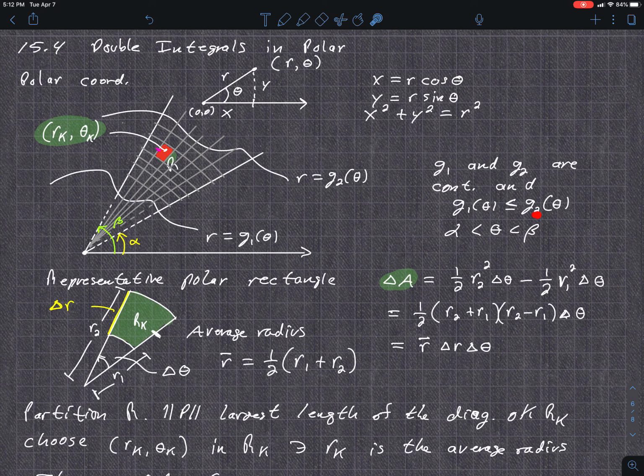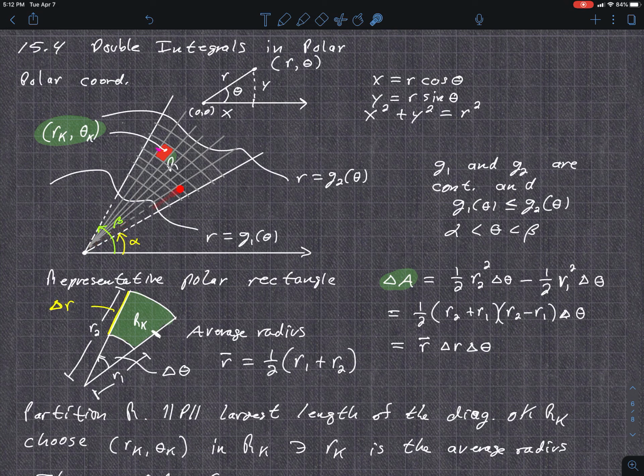Some assumptions: g1 and g2 are continuous, and g1 of theta is less than or equal to g2 of theta for theta between alpha and beta. So here's your alpha, and here's your beta. That's all the setup.